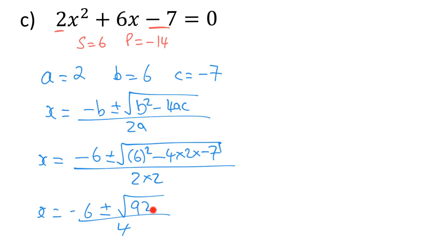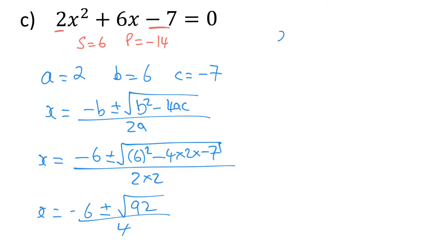The 92, where that's coming from, 6 squared is 36. 4 times 2 times minus 7 is 56. Because there's the 2 minuses, that's going to make a positive 56. So 56 and 36 is 92.